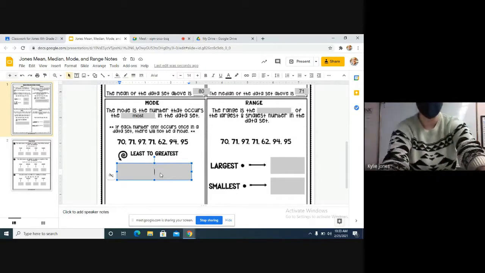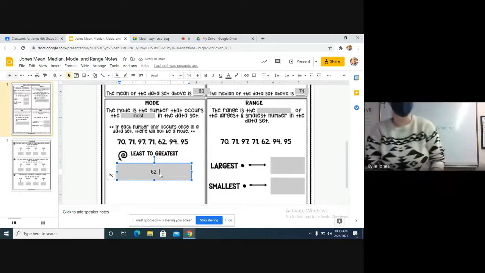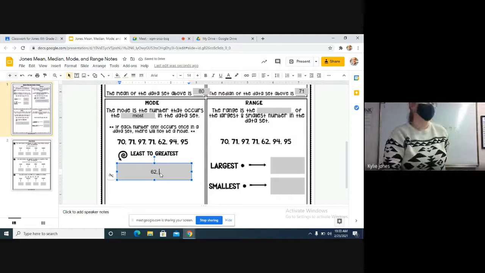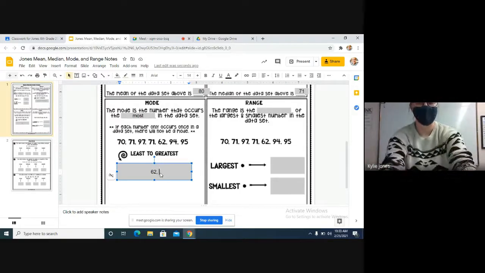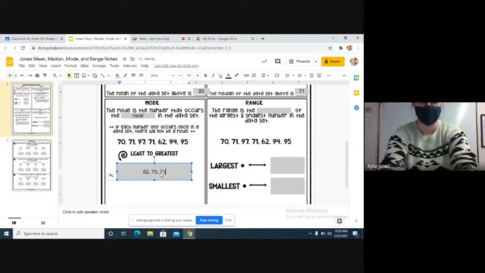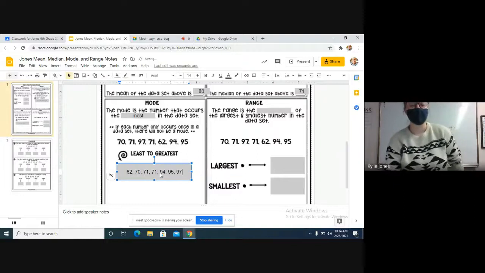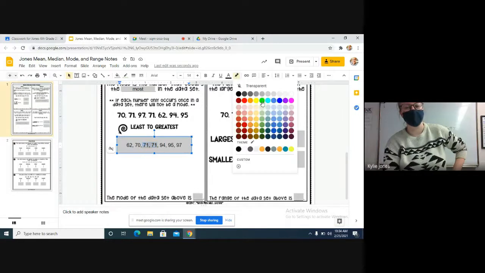I'm going to put them in order from least to greatest down here though, and highlight the number that happens the most. So do that as well for me, because if you're looking back at these notes, it'll be helpful for you if you have forgotten how to do it. That's why we take the notes. Good. All right, so once they're in order from least to greatest, the 71 is the one that we see the most.